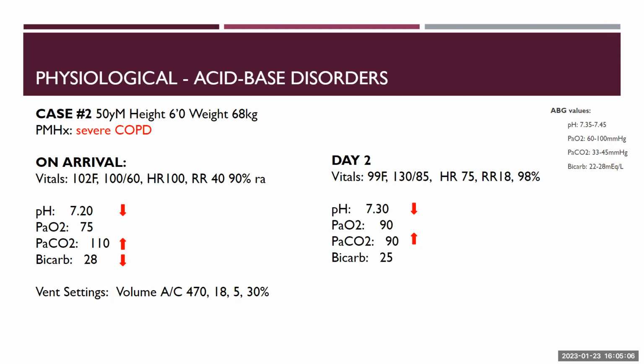Perfect. So when we add in this ABG, how does this change your picture? So let's say they're still on the vent, so that's why the respiratory rate's 18. How do you feel about their picture now? The CO2 went down. It looks better. I'm not quite sure.